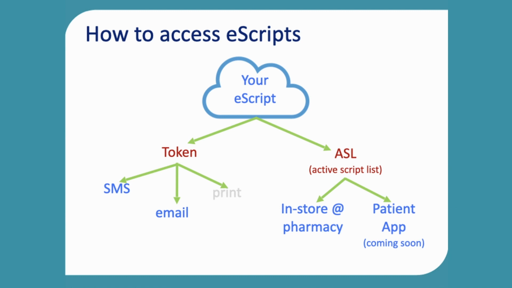So, like I said, your e-script lives up there in the cloud. Once your doctor writes that prescription, it goes up into the cloud, and then there's a few different ways that we can access it. With a token, which is essentially a link to that prescription in the cloud, your doctor might send it to you as an SMS, or they might email it to you.